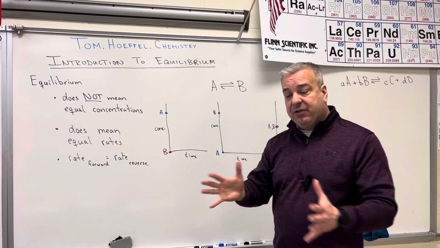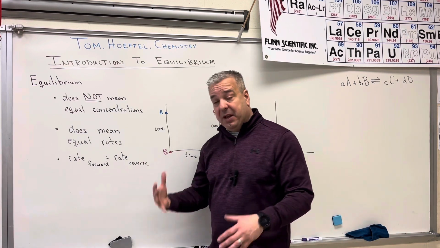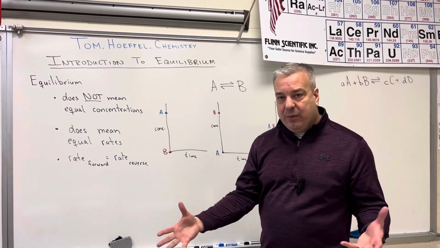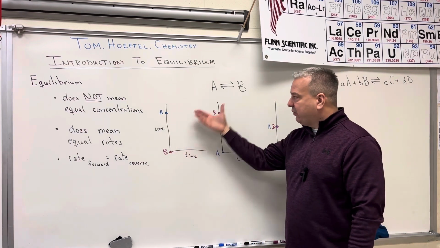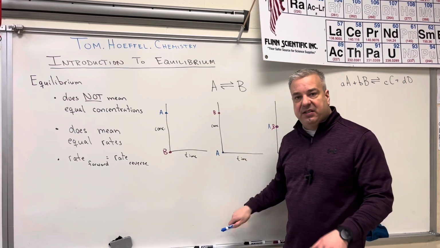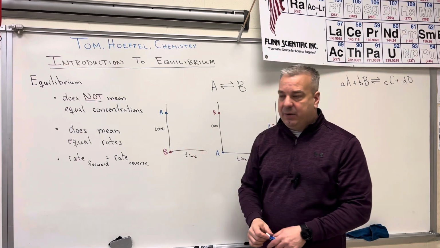And then after the shift occurs, the forward rate and the reverse rate become equal to each other and equilibrium is established. So let's take a look at our first graph, and this is just a simple example to go over the basics of equilibrium.